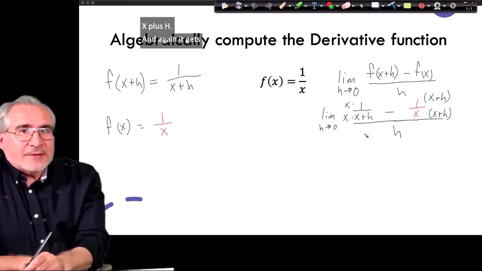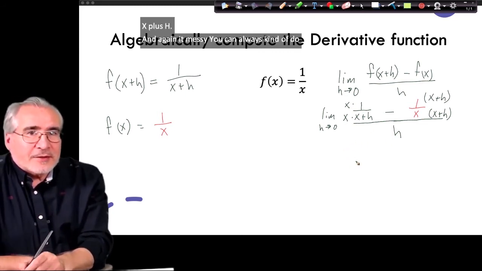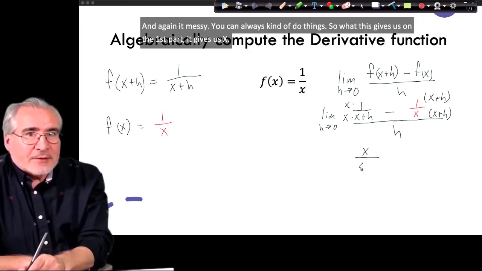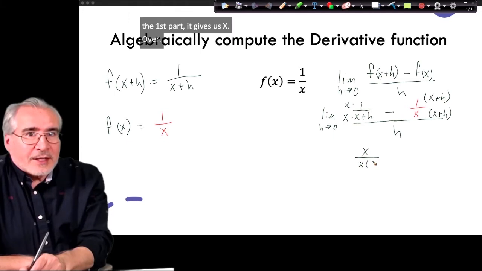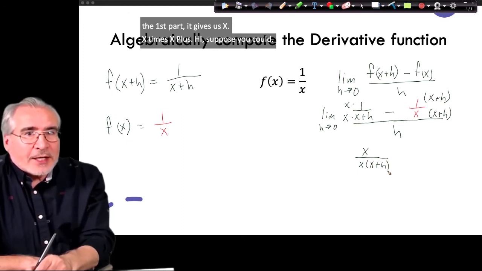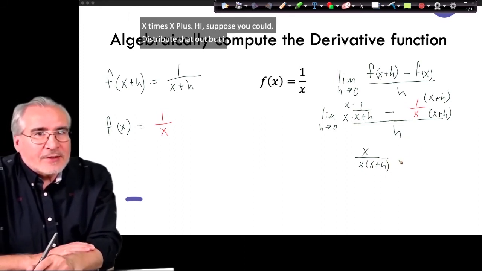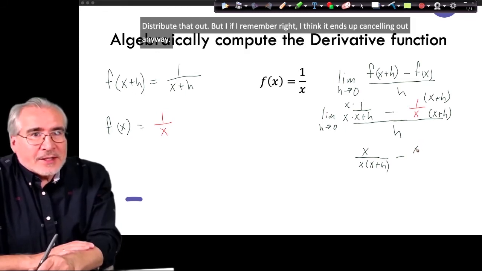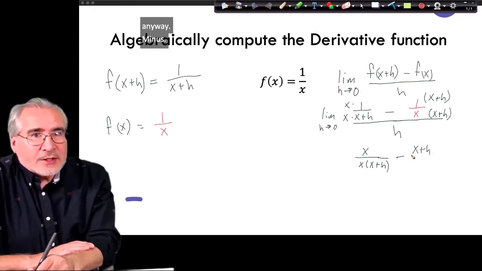So what this gives us in the first part is x over x times x plus h. I suppose you could distribute that out, but if I remember right, I think it ends up canceling out anyway. Minus x plus h over x times x plus h.